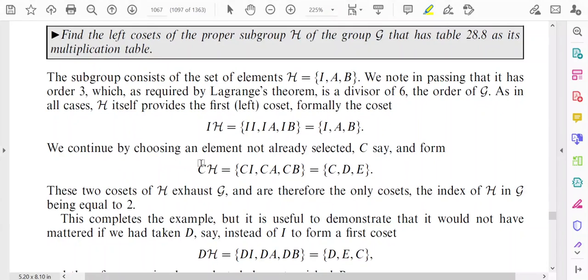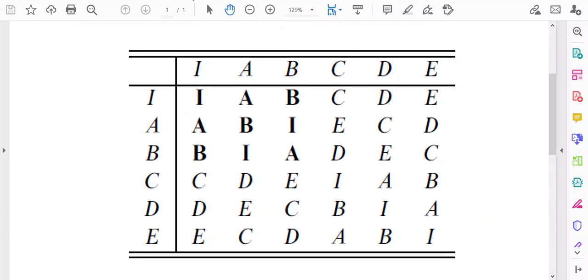Now we choose an element not already selected, that is C. C has not been selected, and we can multiply C with capital H. So this is CH. So what will be the CH? CH is equal to C into I, comma C into A, comma C into B. Now C into I is C, that is quite obvious, but what are CA and CB, we can find from the multiplication table, and we know how to find the products.